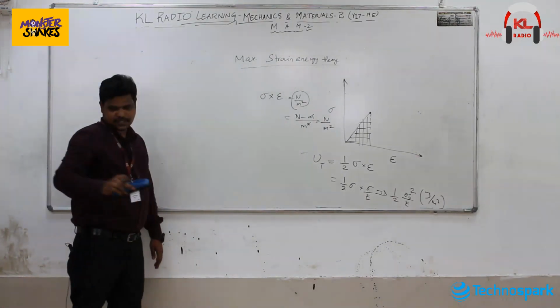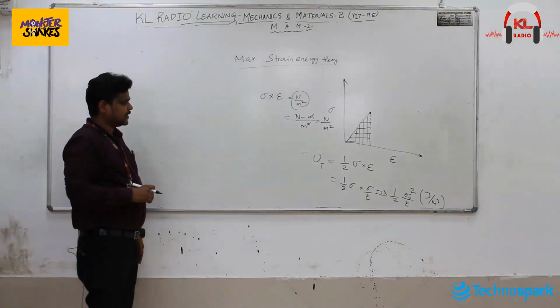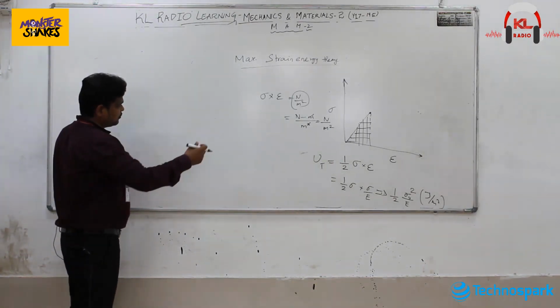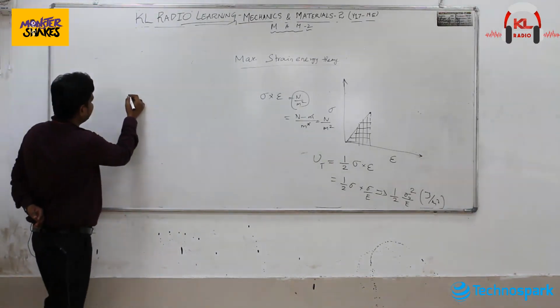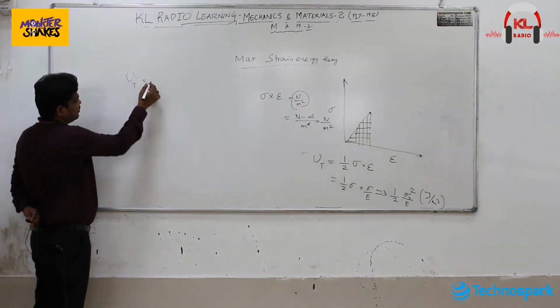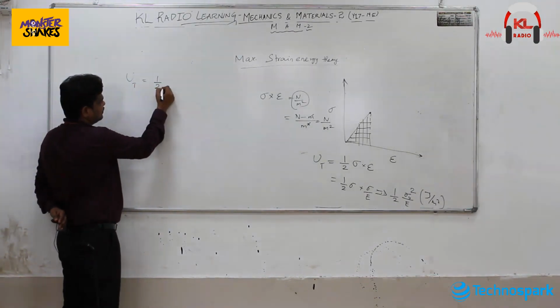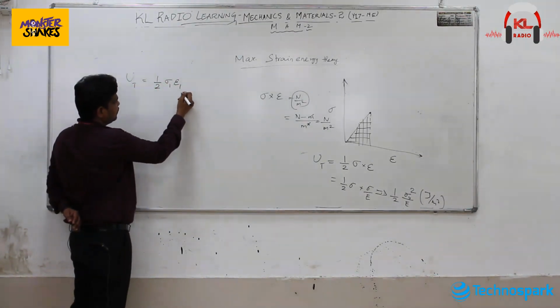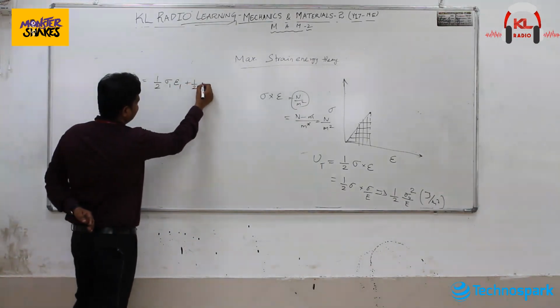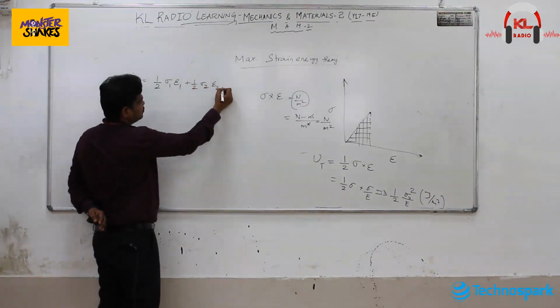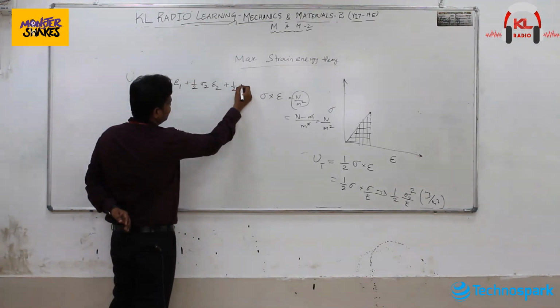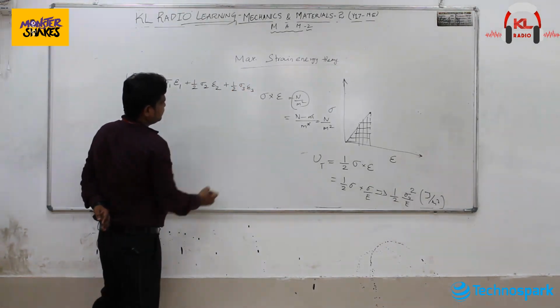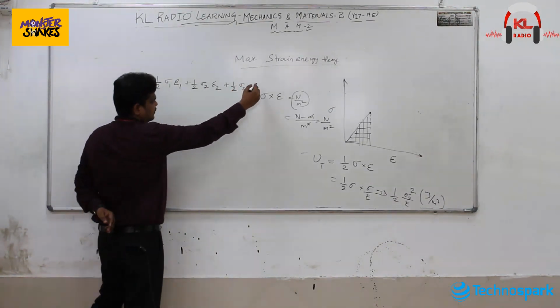Now we'll try to put this for a triaxial loading condition. So the total strain energy will be equal to half sigma 1 epsilon 1 plus half sigma 2 epsilon 2 plus half sigma 3 epsilon 3, right?